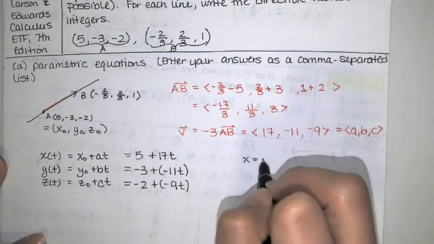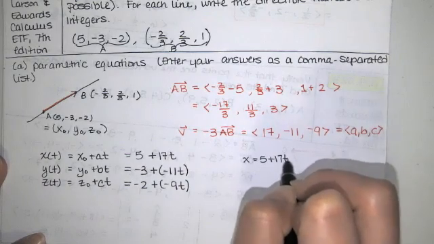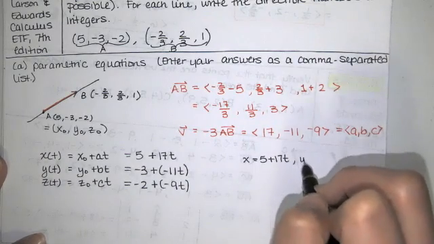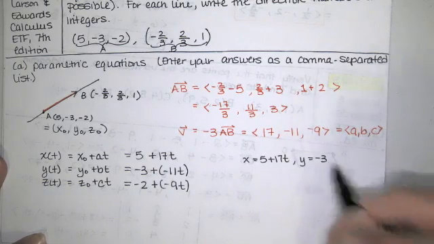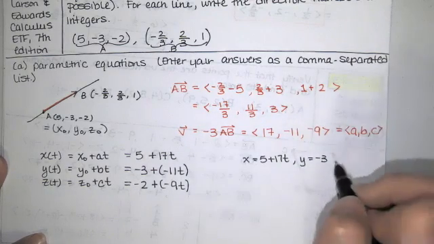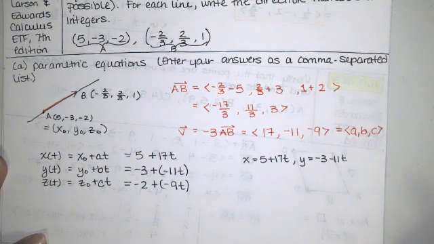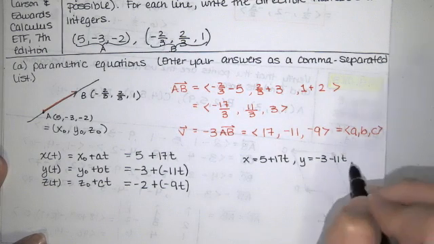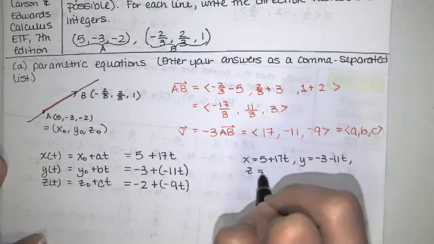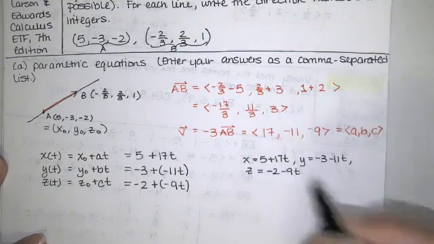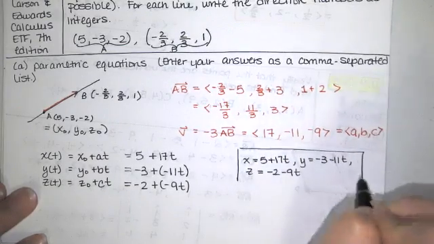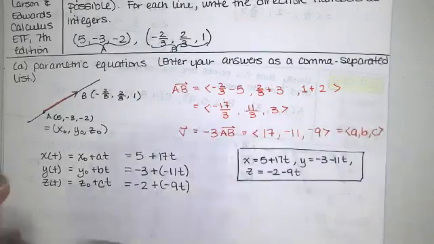So I'll type x equals 5 plus 17t, y equals negative 3 minus 11t, because adding negative 11t is the same as subtracting 11t. And then the last one is z equals negative 2 minus 9t. And so that's my answer for part A.